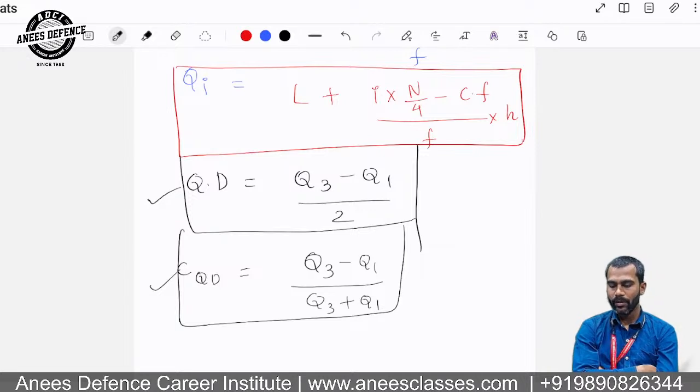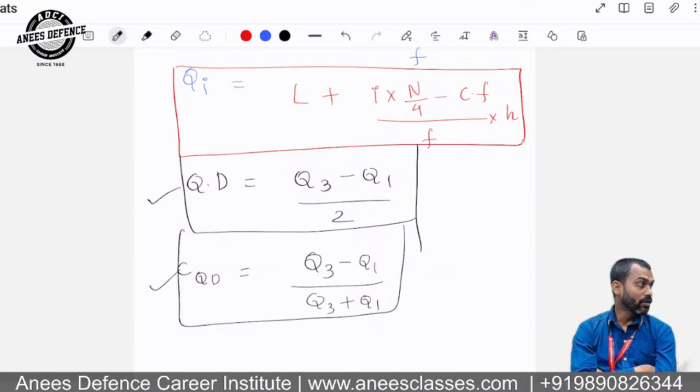We'll take some examples. One example I have already taken, for which we had found out the mean, median, mode in measures of central tendency. The same example we will take, and we will find out Q1, Q2, and Q3.